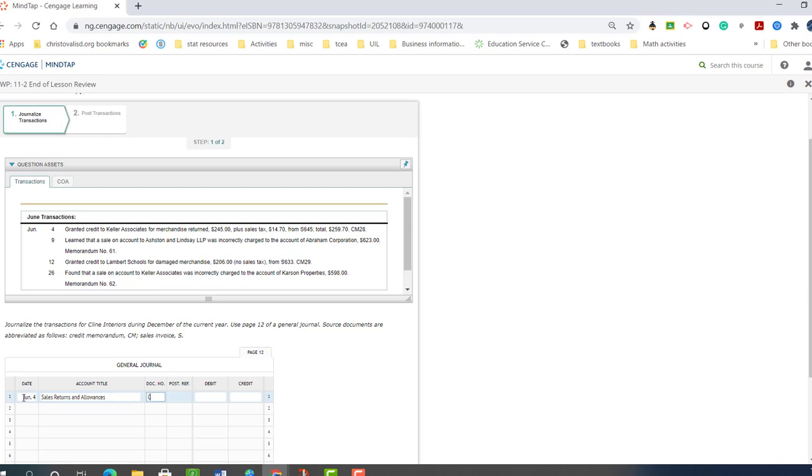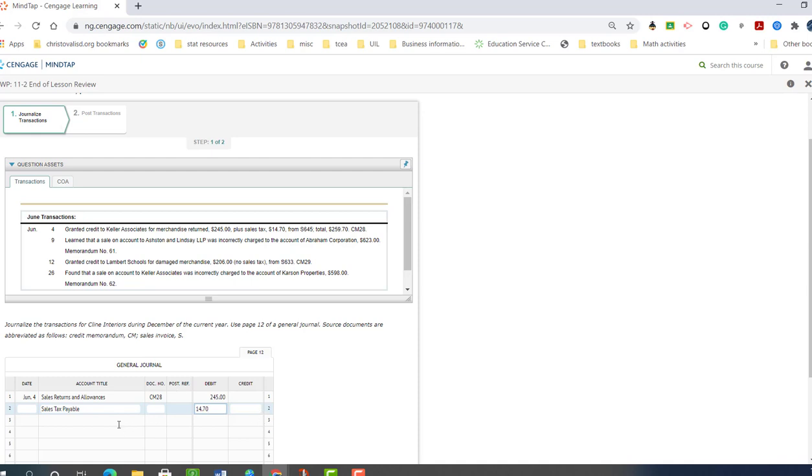And this is from our credit memo 28. $245 is actually the material that was returned, so that's what goes there. But we also had our sales tax payable of $14.70.